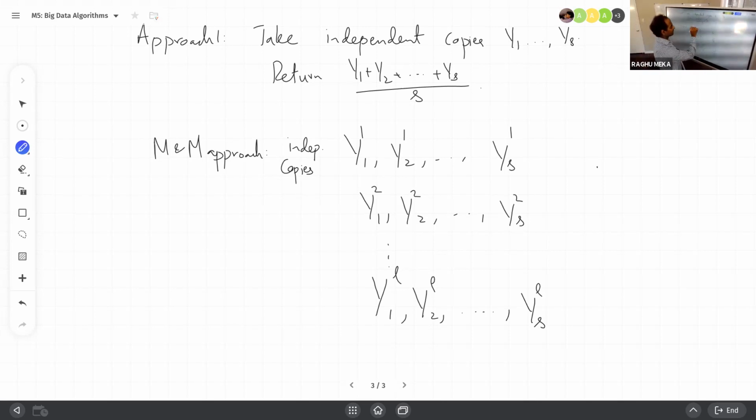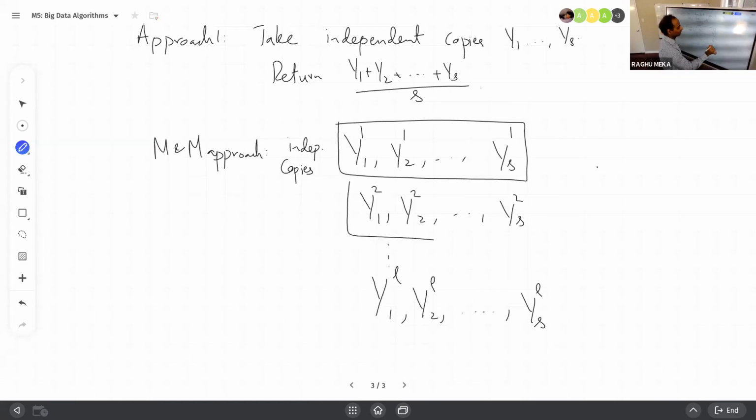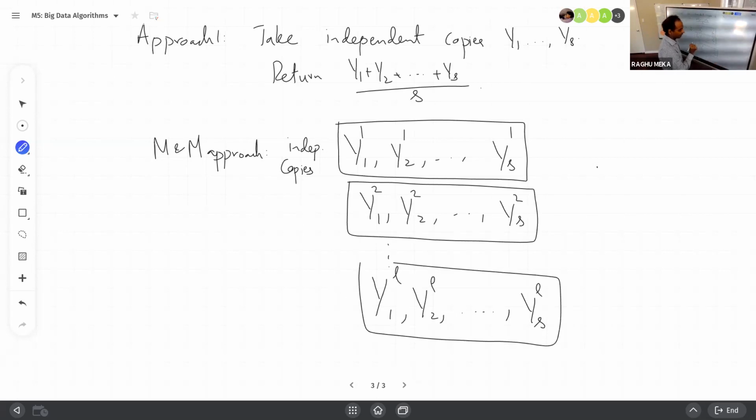So I'm taking a bunch of independent copies as before, but I'm grouping them into sub-batches.